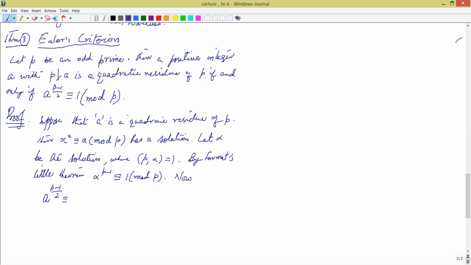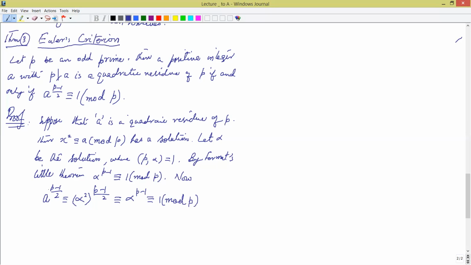So we can put alpha here: alpha squared to the power (p minus 1) by 2, which is the same as alpha to the power p minus 1, and this is congruent to 1 modulo p.